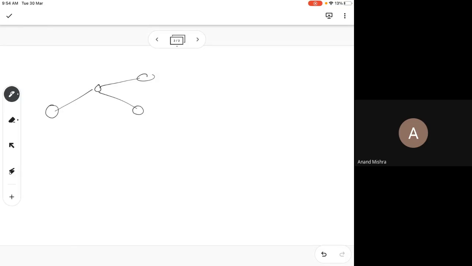This is a star graph, right? If we take its complement, this will be connected, this will be connected, this will be connected, and all other edges will be removed. So this does contain a cycle. So this is a cyclic graph.